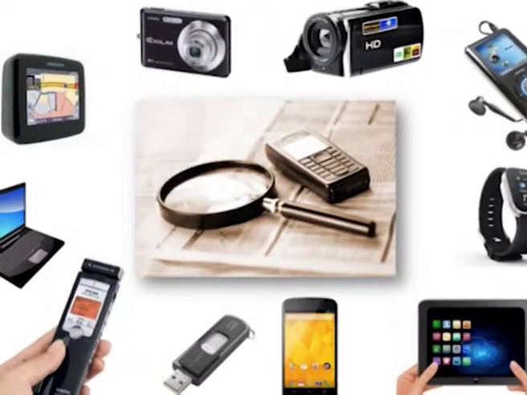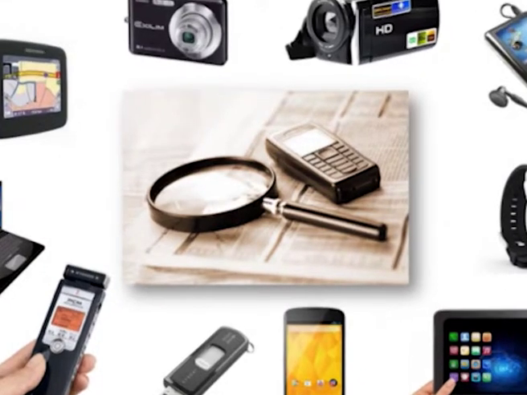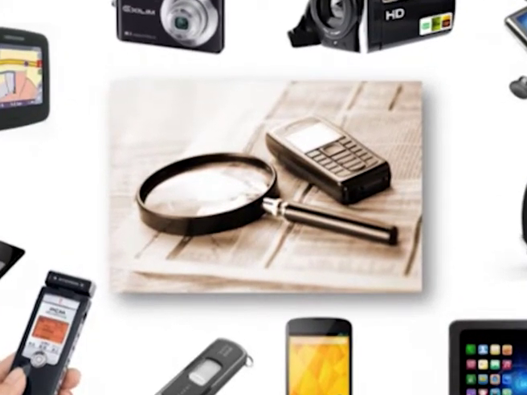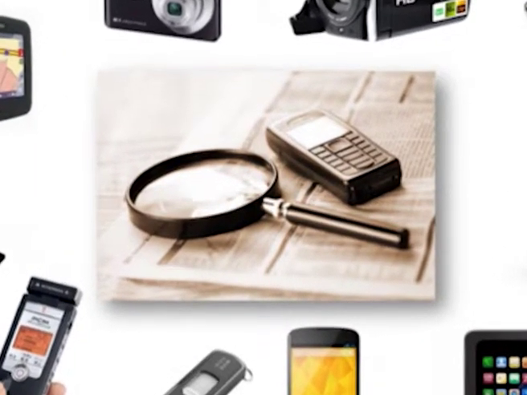Let us now look at the conclusion of this module, that is, let us summarize what we have learnt. We have learned that electronic and digital evidence is of utmost importance and needs to be handled properly, the same as with any other form of evidence.